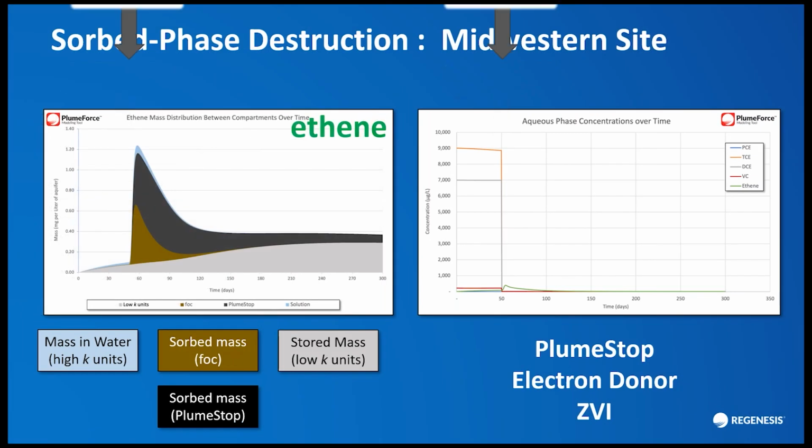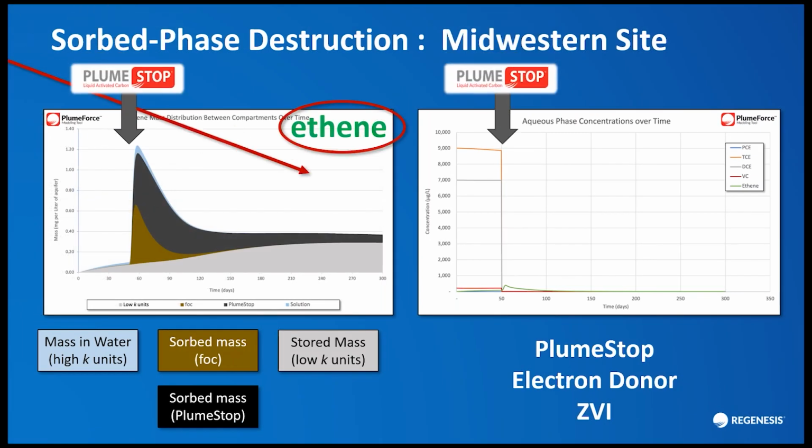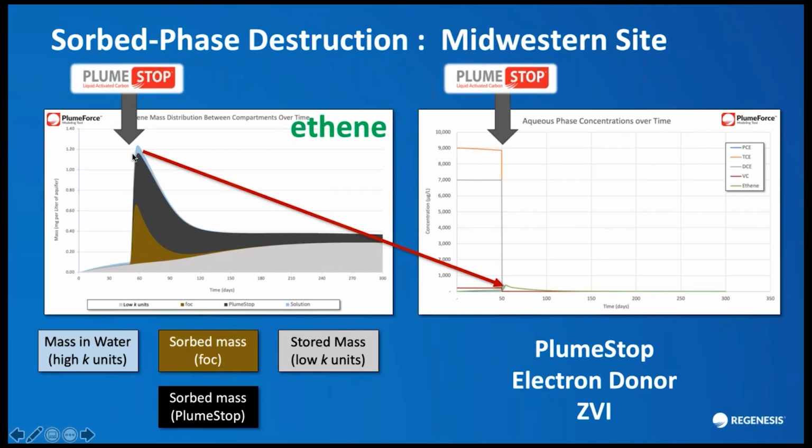And then when we move to ethene, we see a big jump up in the ethene from the beginning. Once we've added our reagents, it goes up by about an order of magnitude. And this is at last where the tip of the iceberg peeks out of the water, and we can see a little bit of the ethene appearing in the dissolved phase here, which corresponds to what we can see in the groundwater right over here. That detection is actually very helpful for us because it gives us something that we can start to get a quasi-calibration to.